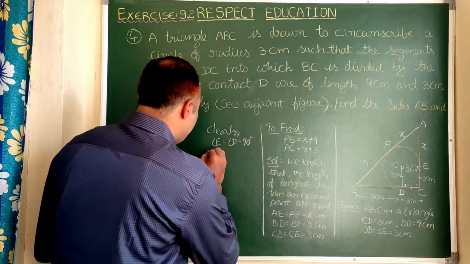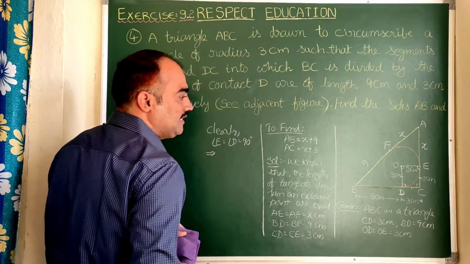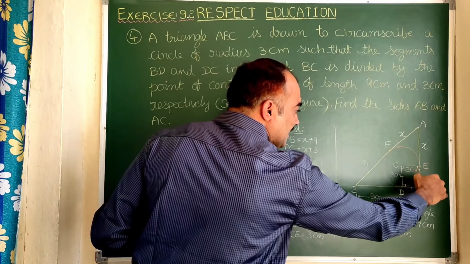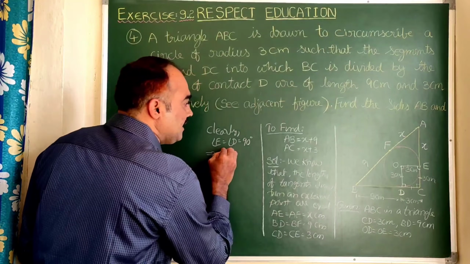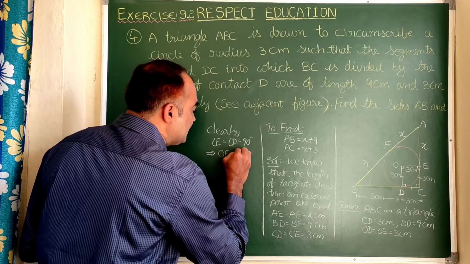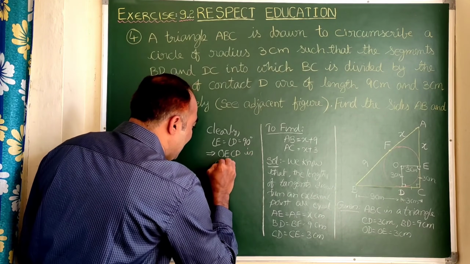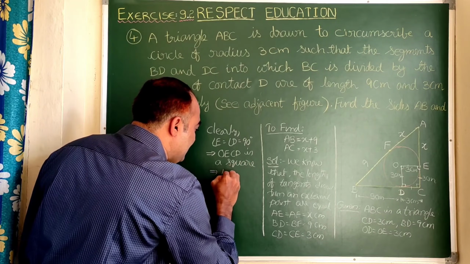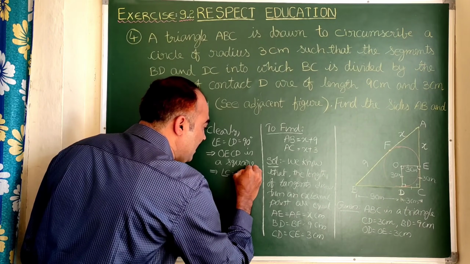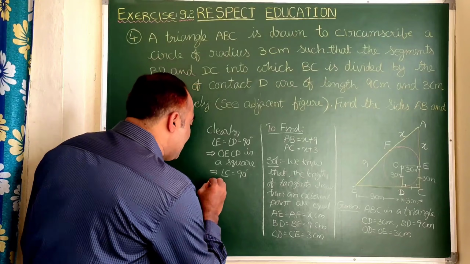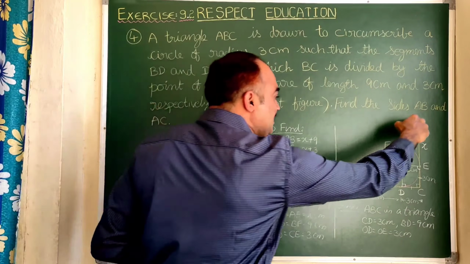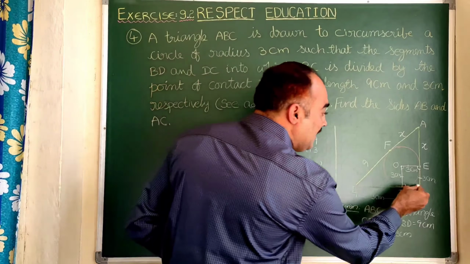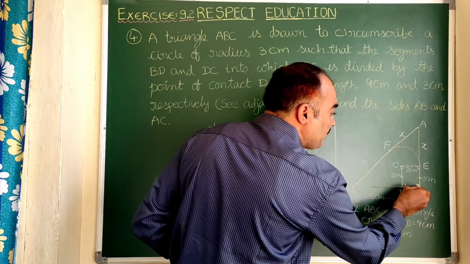If these two are 90 degrees and each side is equal, we can say OECD is a square. If it is a square, each angle is 90 degrees, so angle C is 90 degrees. That means ACB is a right angled triangle, right angled at C.